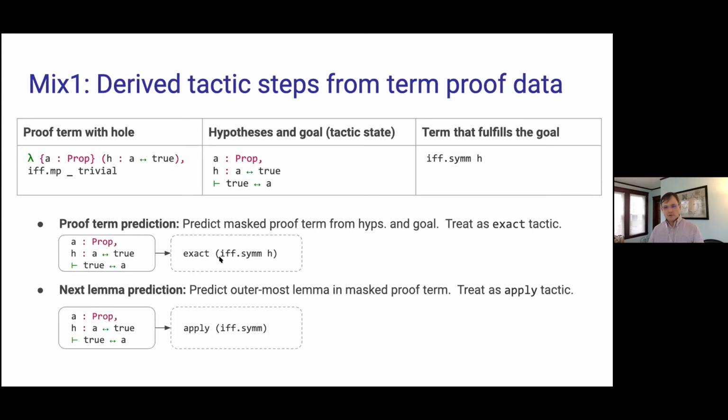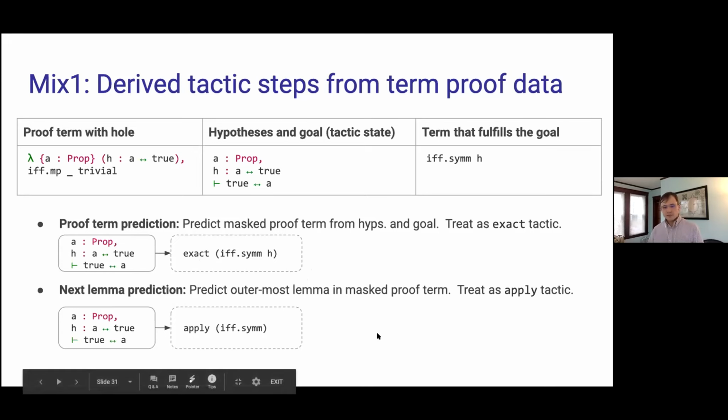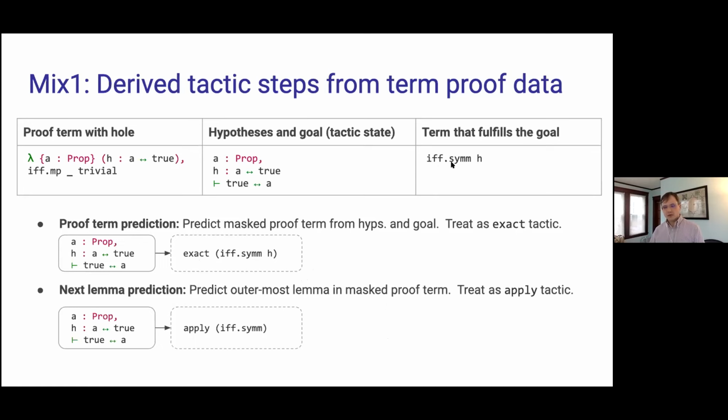Now these proofs can actually be quite long, so maybe it is silly to expect our model to do a whole proof in one go. However, we talked about the apply tactic. If you have a proof like this, where this is the outermost lemma used in the proof, the apply tactic says, okay, I'm going to apply that, and it'll make forward progress on the proof, and then pop up a new goal or set of goals that you need to prove.